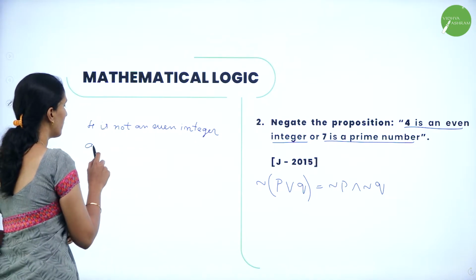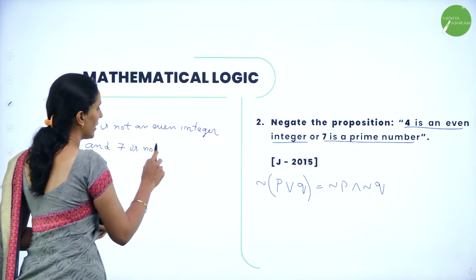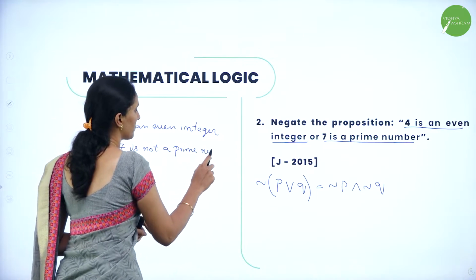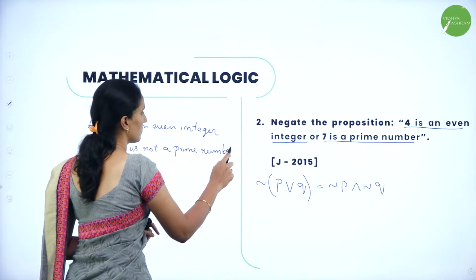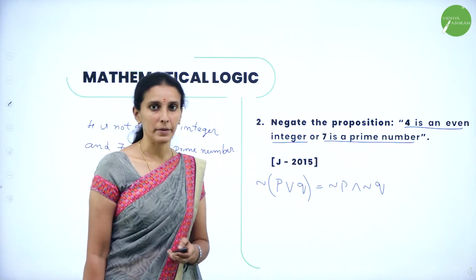You should use the word and. 7 is not a prime number. So this is how we will negate the given statement.